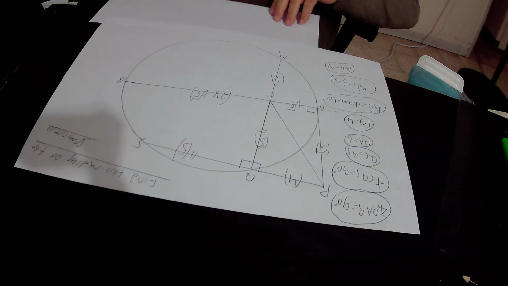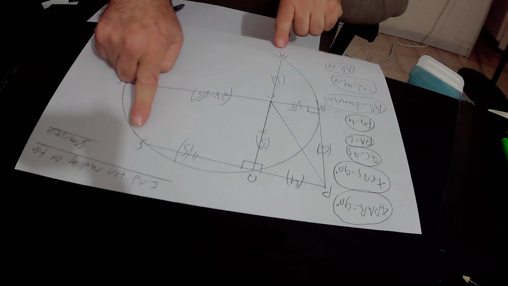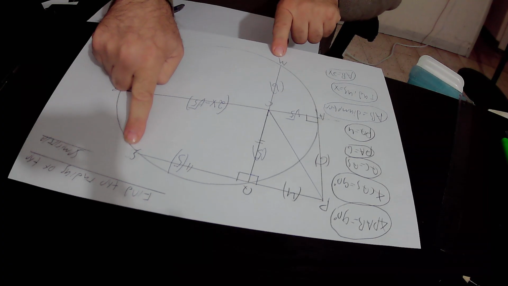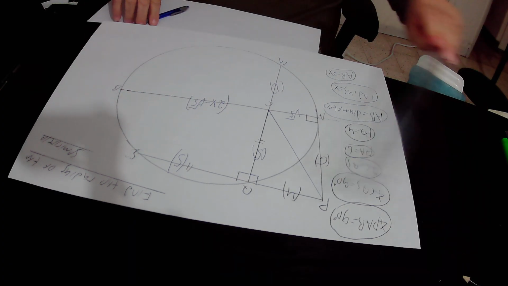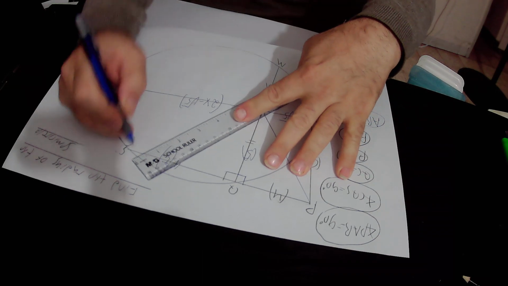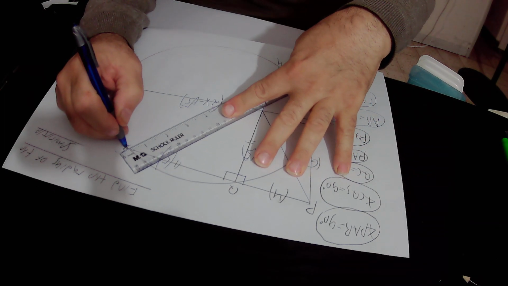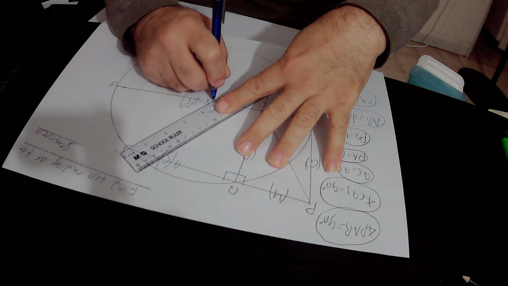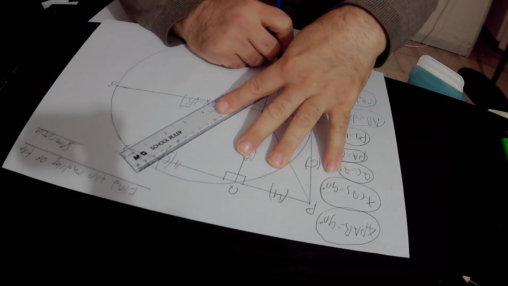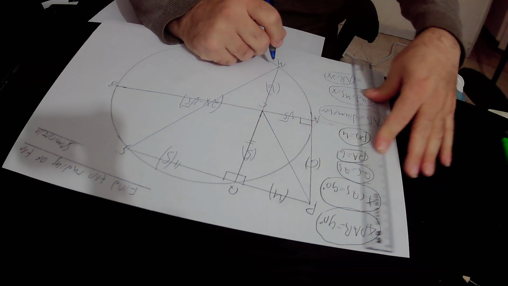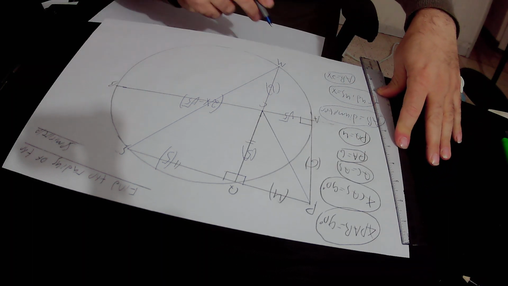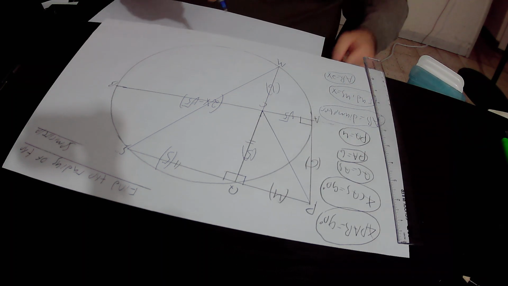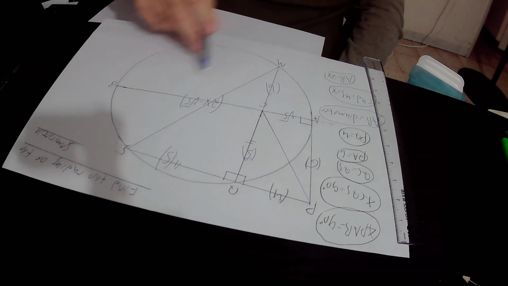In the next step, we'll join points S and M together by a straight line. By joining points S and M, we created here peripheral angle SQM.